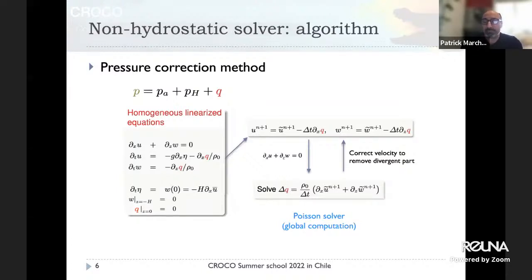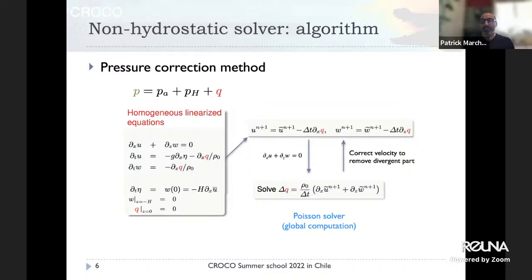This means that we broke the non-divergence hypothesis when computing the hydrostatic solution. And we are going to correct this loss of assumption using the non-hydrostatic pressure. This is relatively consistent with the physics.